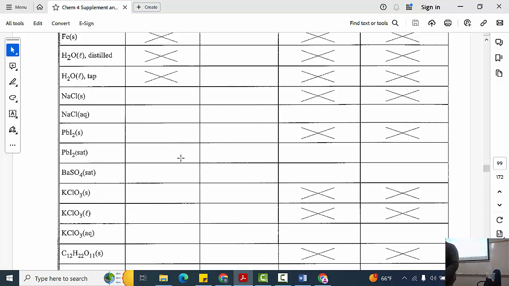Strong, weak, or non. Since there are two definitions, the usage of electrolyte can be confusing. Some people define it differently than the way you define it.